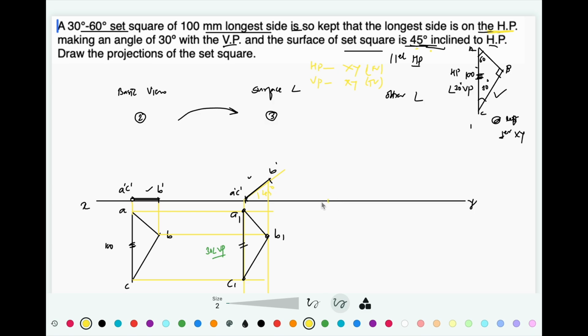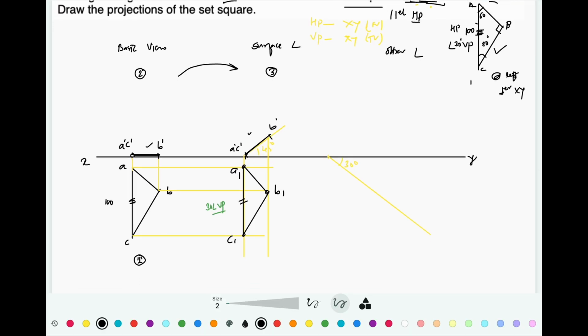So by marking some reference point at some random distance, draw this line inclined at 30 degree, and on this line, similar to step number 2 and 3, this is step number 4 that we have drawn, and now we are going to draw step number 5. So we are going to rotate the view without changing its dimensions.